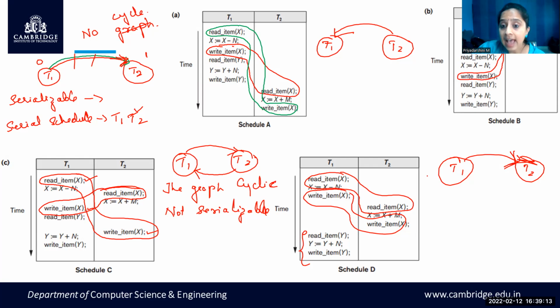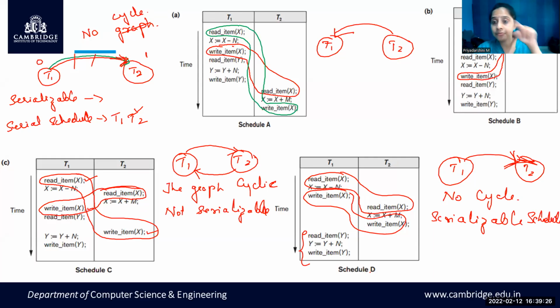Now, as the graph has no cycle, this is a serializable schedule, right? It's a serializable schedule. Now I have to check for the equivalent serial schedule.